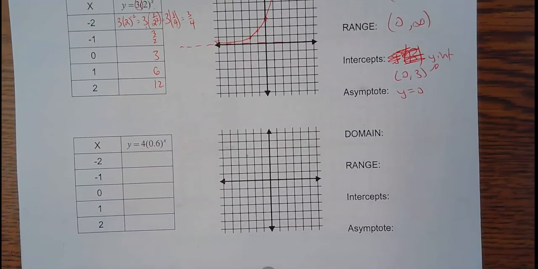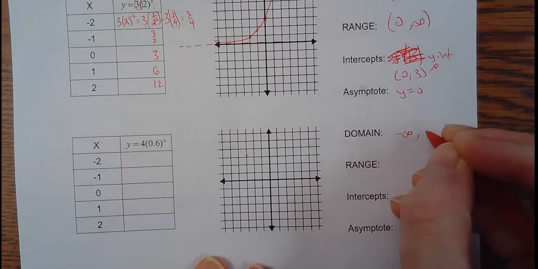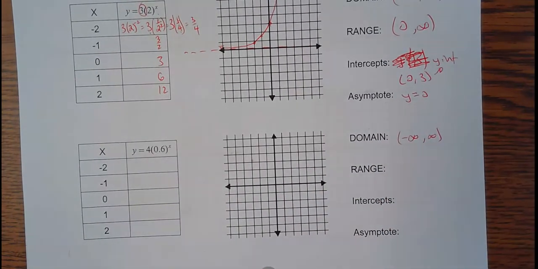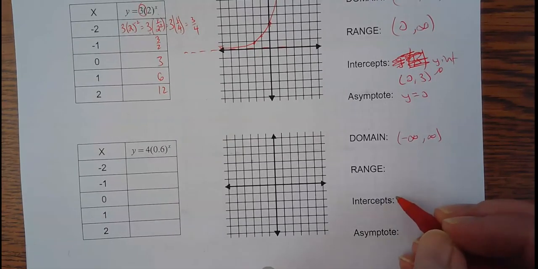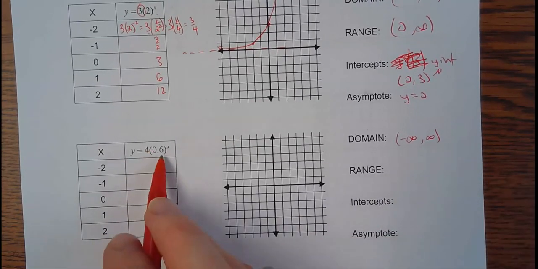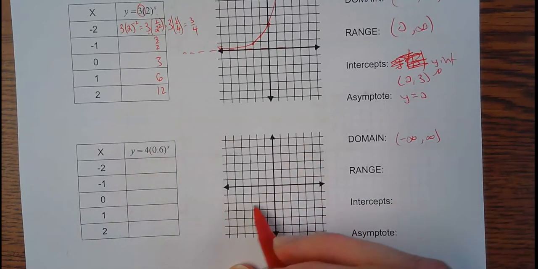And this guy here, I can answer a few questions ahead of time. It's an exponential, so the domain will be negative infinity to infinity. All of them always will be like that. Now the range, it depends. Better graph it first because we can do some manipulations to it to change that. The intercept on this one, it could have an x-intercept if I shifted it down.